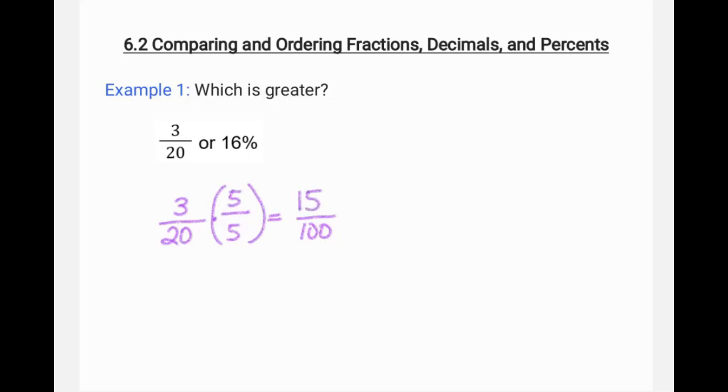And when we put 15 over 100, that is the same thing as saying 15%. So now I can compare the two because now they're in the same format, which is basically asking, is 15% greater or less than 16%? And so in this case, 16 is greater, so that's going to be the greater one.